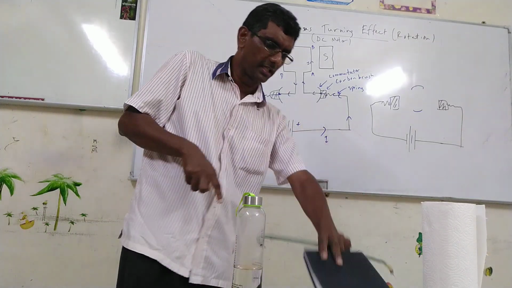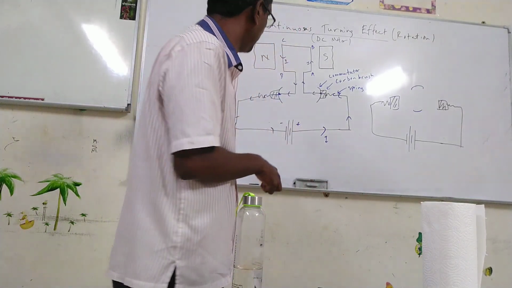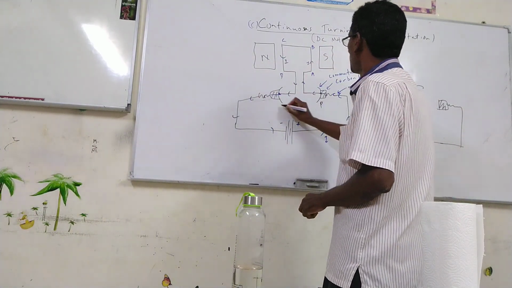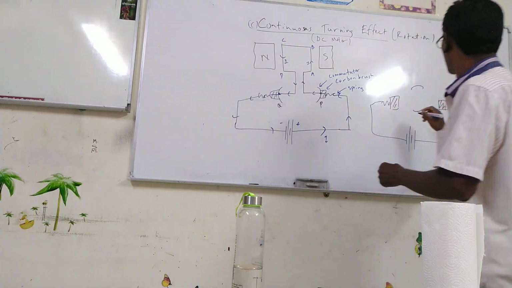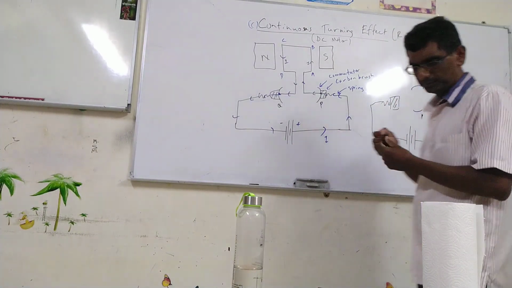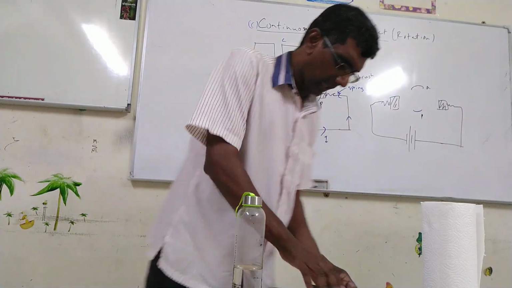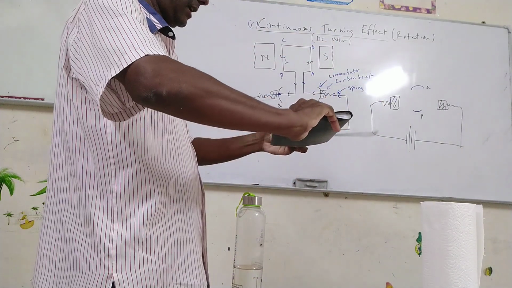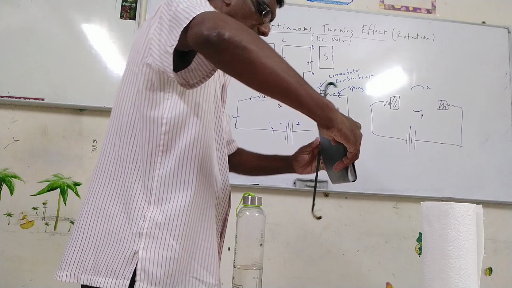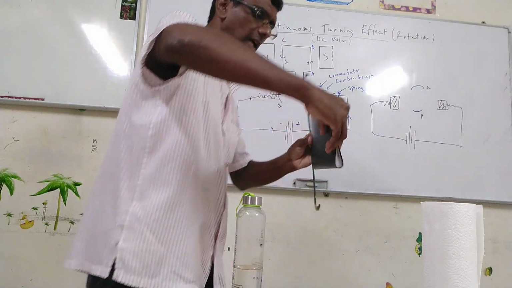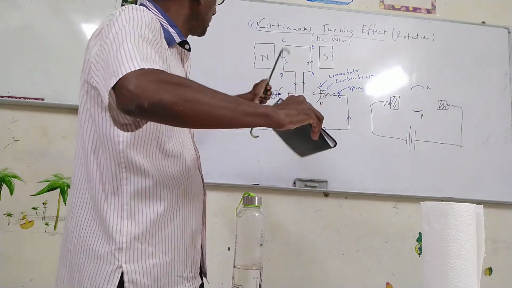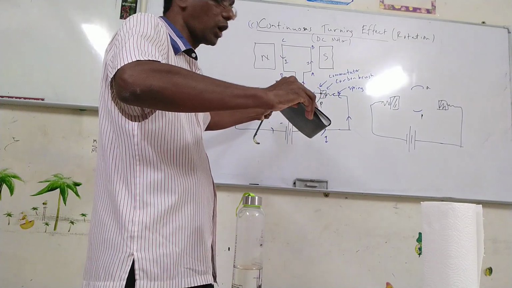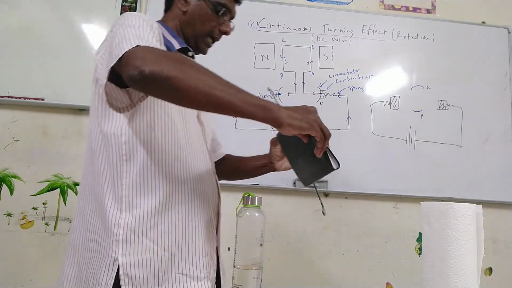For example, commutator P. Let's say commutator P. This is commutator Q. So as a result of the force downwards, force upwards, the commutator turns with the coil, because the commutator is soldered together with the coil.